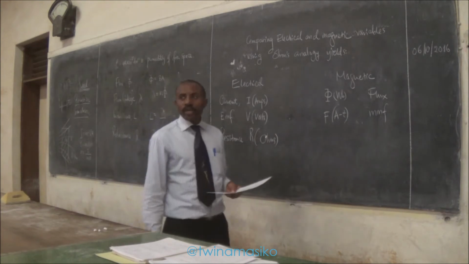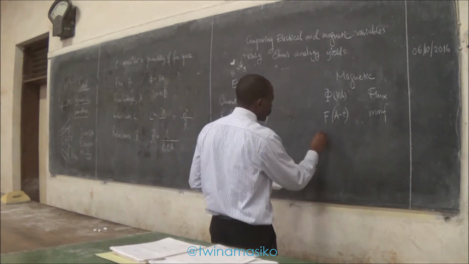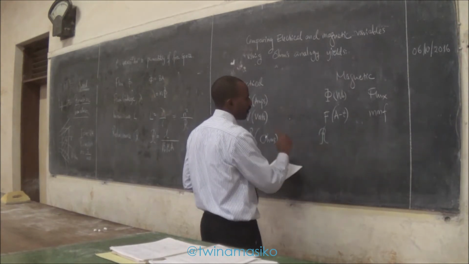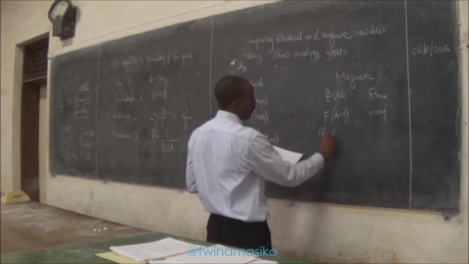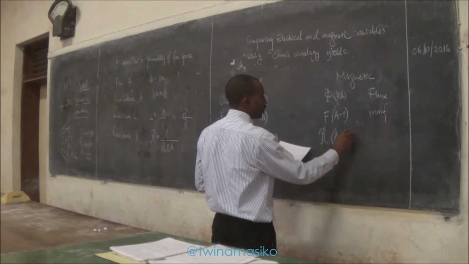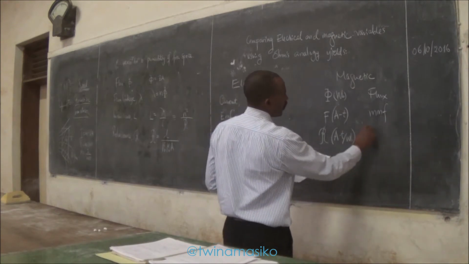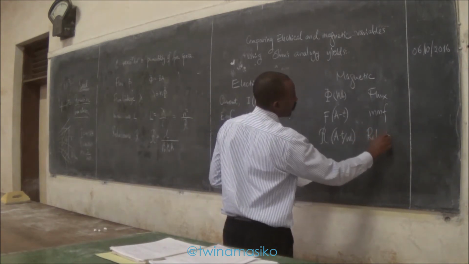Comparatively, we have the reluctance. So here we talk of the script R, which is measured in ampere turns per Weber. And by name it is called reluctance.